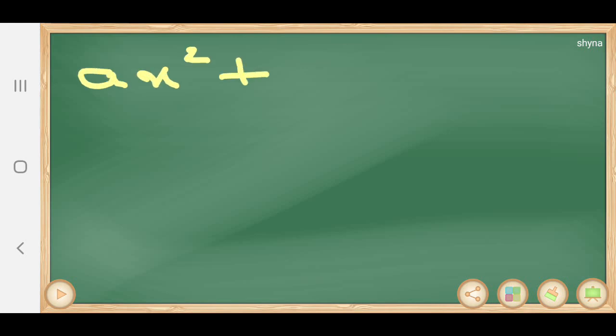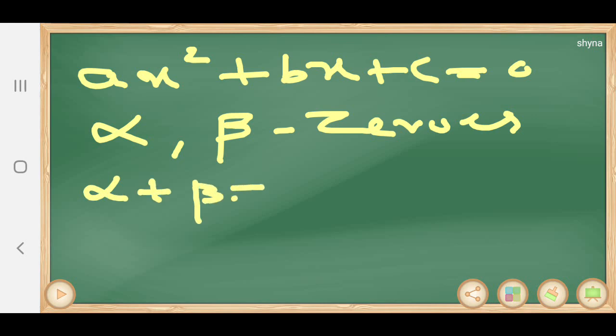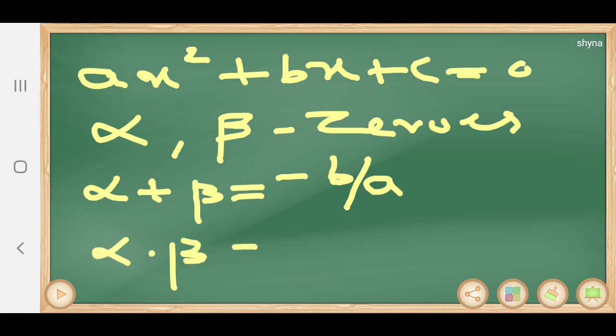For a quadratic polynomial ax square plus bx plus c equal to zero, if alpha and beta, two Greek letters, are the zeros, then alpha plus beta equals minus b by a, and alpha into beta equals c by a.